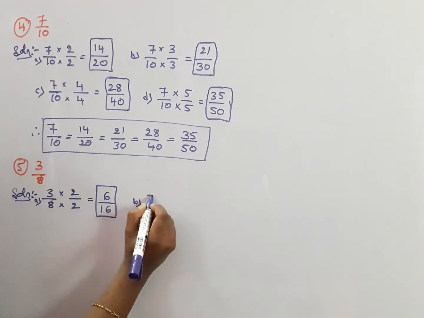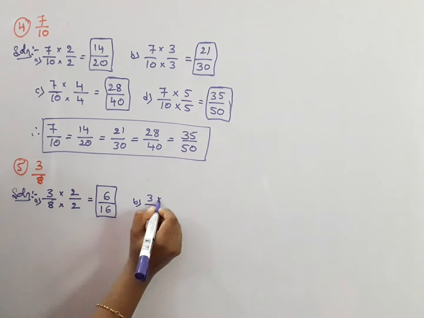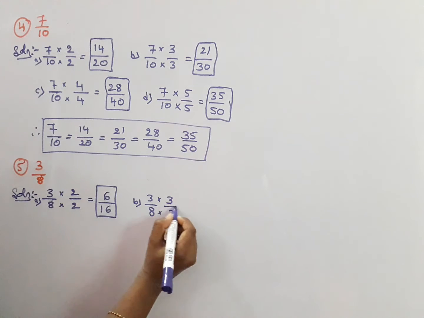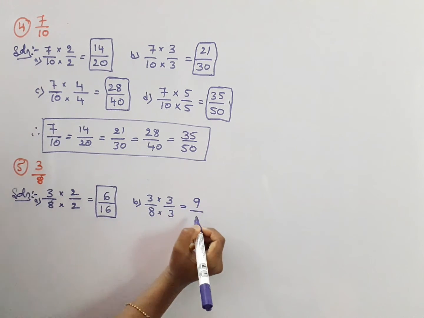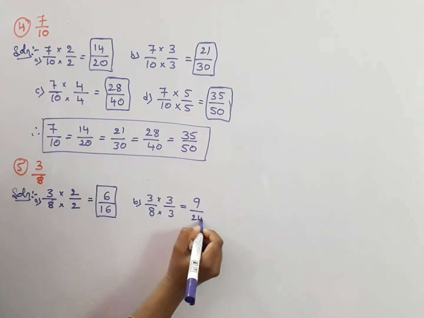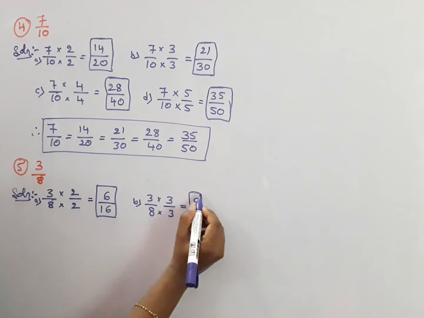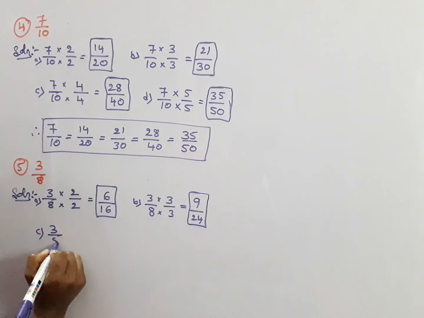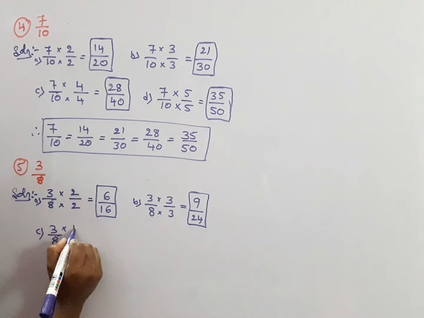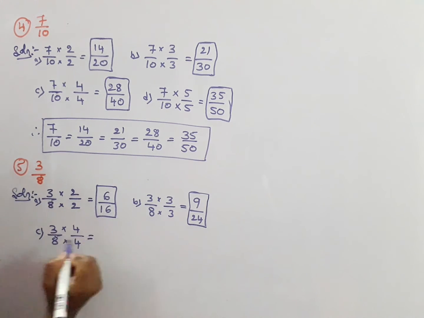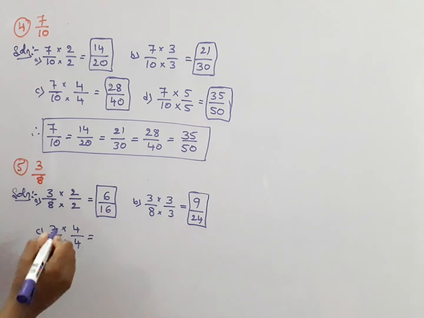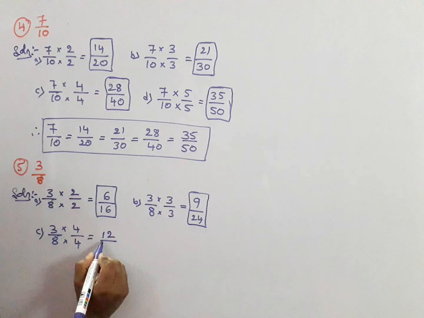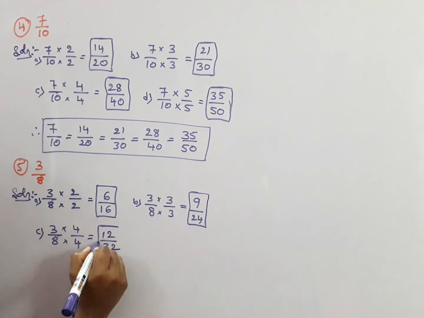Then 3 by 8 multiplied by 3. 3 3s are 9, 8 3s are 24. 3 by 8 multiplied by 4. 3 4s are 12, 8 4s are 32.